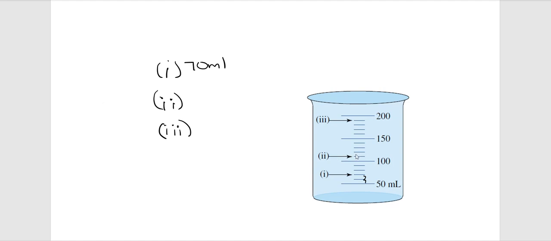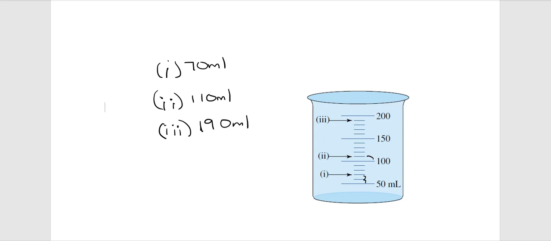Now this one here, I'm at 100 mils, so go up by 10. 100 plus 10 is 110. So the second one was 110 mils. The third one is all the way up here, so the next large unit I can see is 150 mils. So I've got 150 and count by tens. 150, 160, 170, 180, 190. So that will be 190 mils.